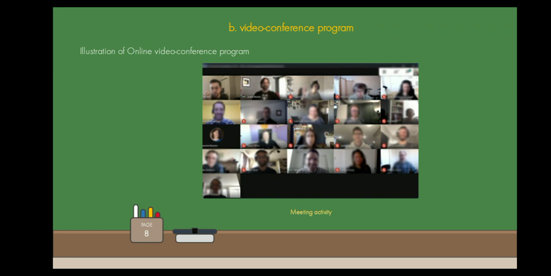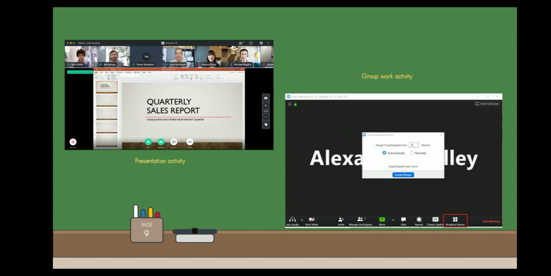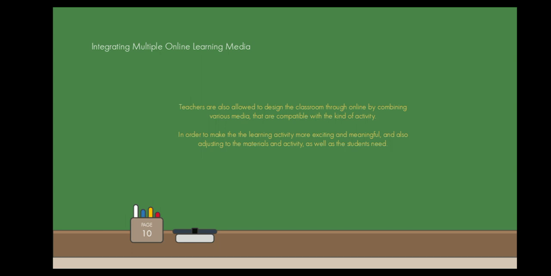The illustration shows that some video conference programs also provide features that allow us to have a presentation activity or even a room for discussion that involves groups of participants chosen randomly or manually. Besides the two examples, there is another option for the teacher to manage the classroom online, for example, by combining various media that are compatible with the kind of activity required.